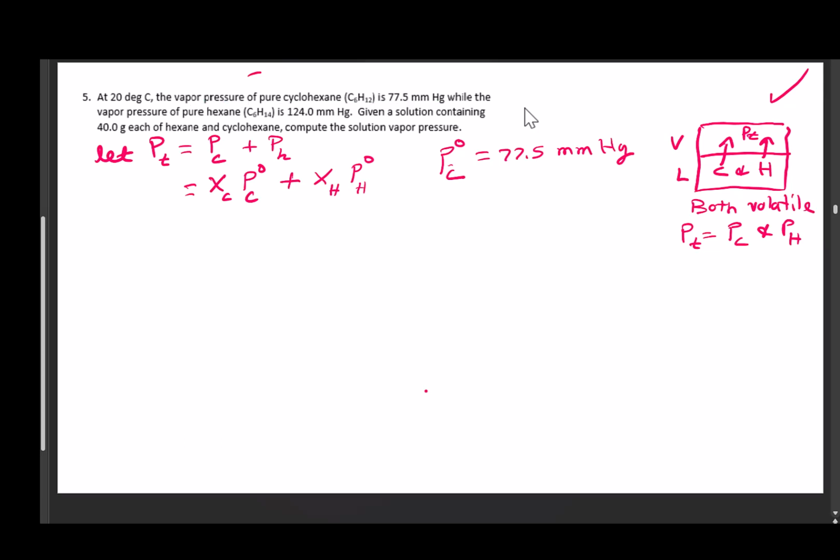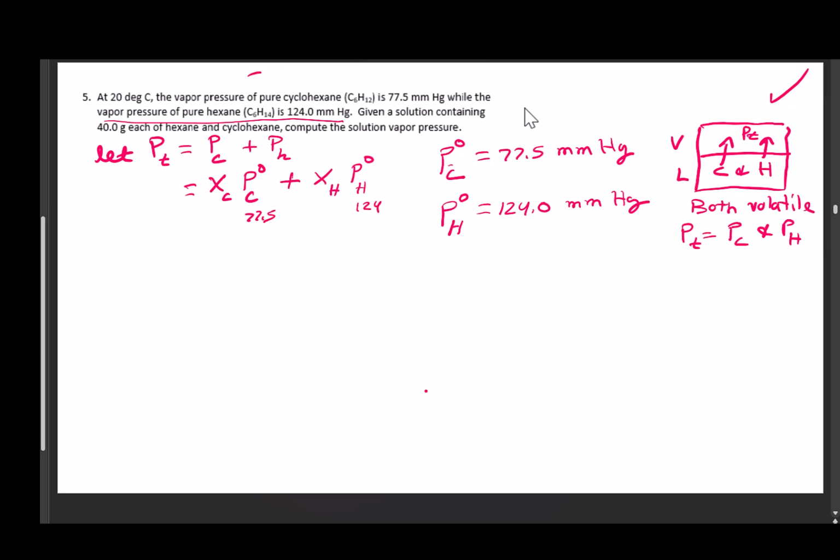What else we're given here is the vapor pressure of pure hexane. So we'll construct a variable symbol for that. P for pressure, H for hexane, and for pure hexane, we put that superscript 0. We assign a value of 124.0 and use its unit, millimeters of mercury. So we have this number here, which is 77.5, and we have this number here, 124.